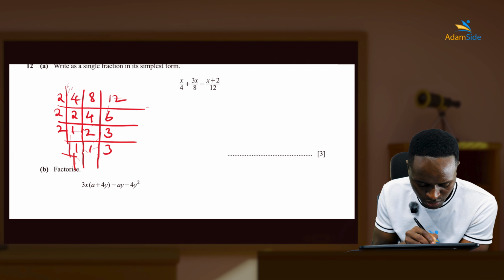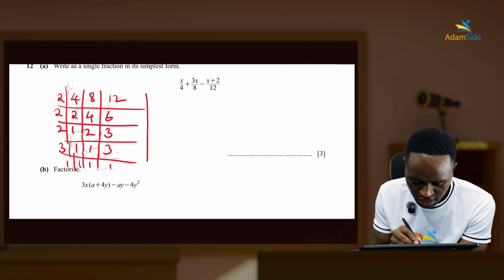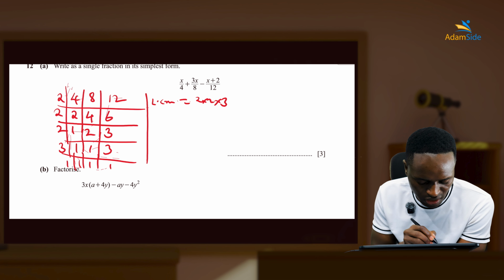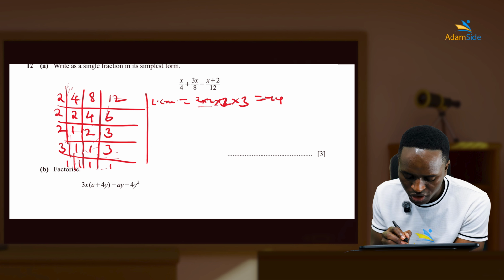We're finding the LCM of these three numbers. 1, 1, 1, 1. Therefore, the least common multiple is 2 times 2 times 2 times 3. This is 8 times 3, 24. So 24 is common for all of them.